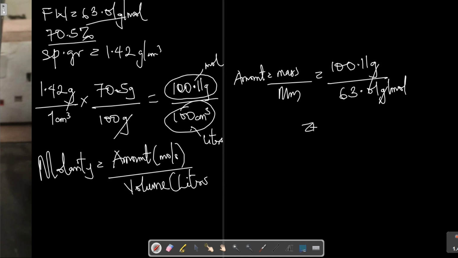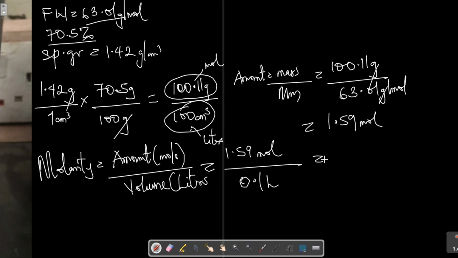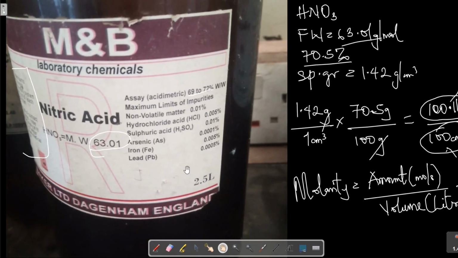When you divide this, you have approximately 1.59 mole. So substituting it inside here, your amount is 1.59 mole over volume. 100 cm cube to a liter is 0.1 liter or dm cube. So when you divide this, you have 15.9 molar. So this is the initial or the original concentration of the stock nitric acid solution.